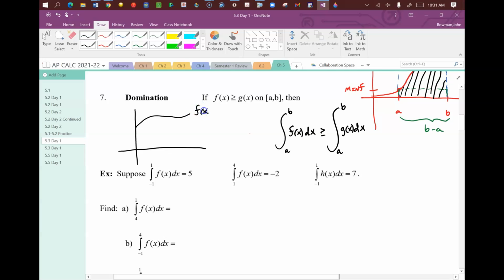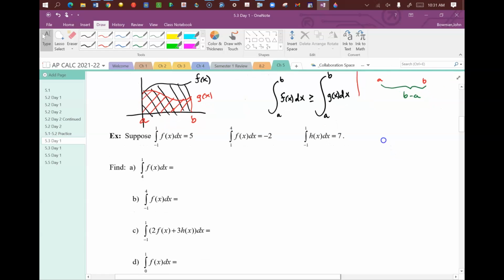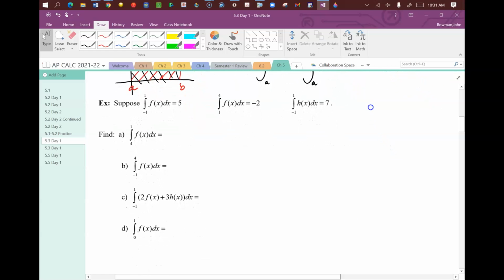So here's f of x, and we will graph g of x. f of x is greater than or equal to g of x. So there's g of x, and you can see clearly that the red area in this case, a to b here, is going to be less than the corresponding black area under function f of x. So let's use these properties and do a few examples here.